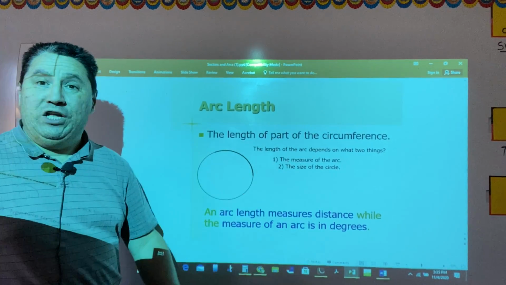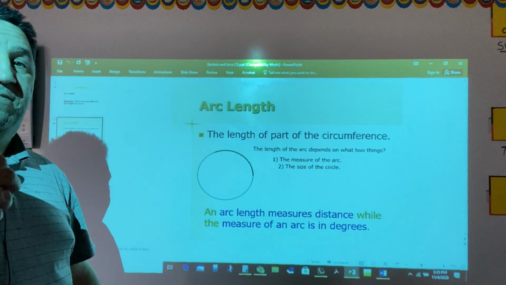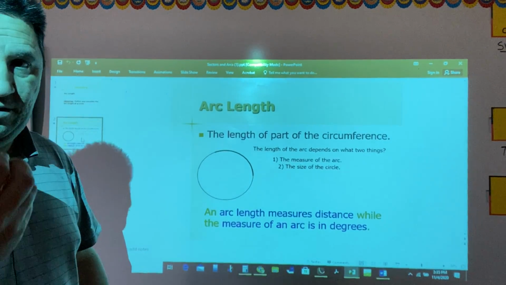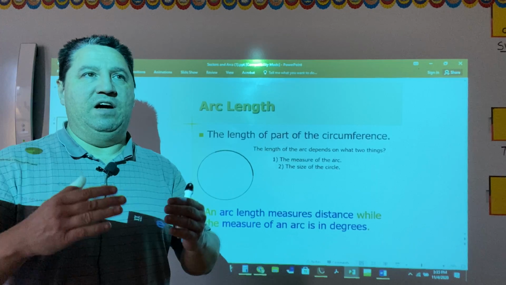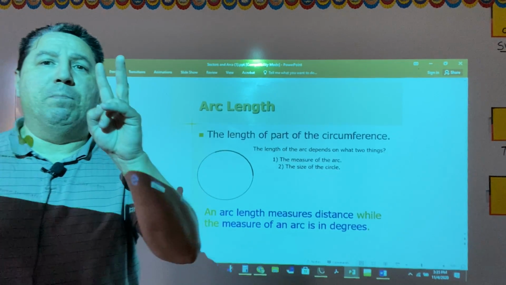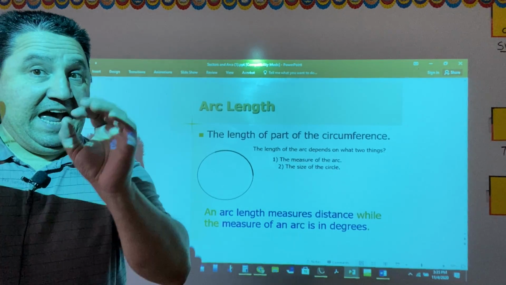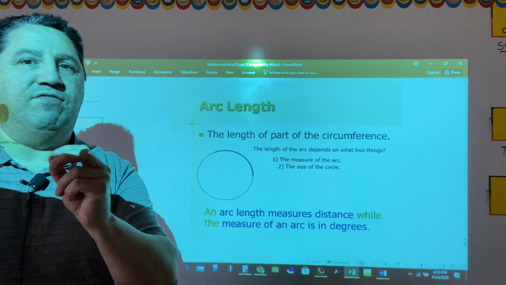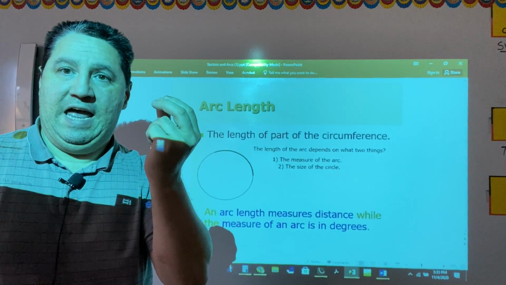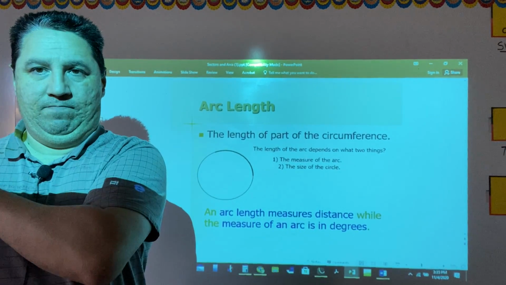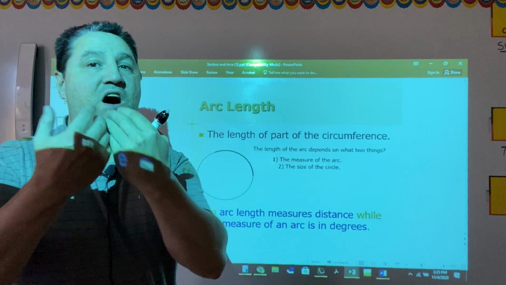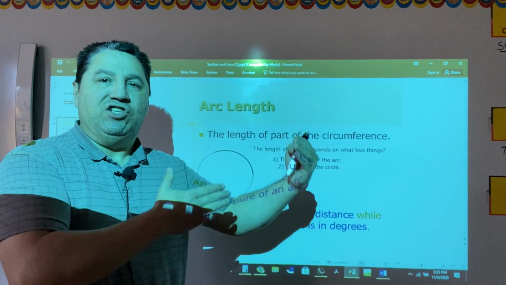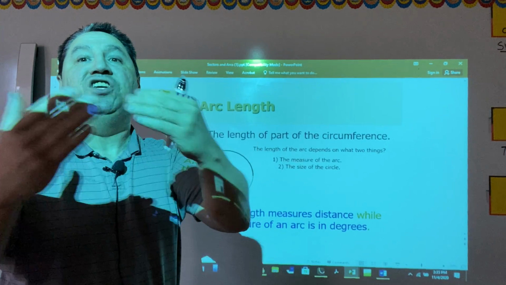Now, when we talk about arc of a circle, we can consider an arc from two perspectives. An arc could have a measure and a length. When we talk about the measure of an arc, that measure is in degrees.